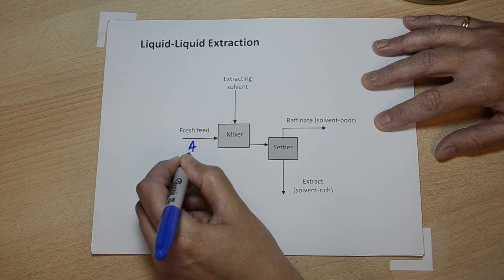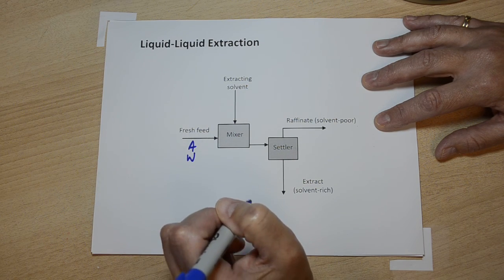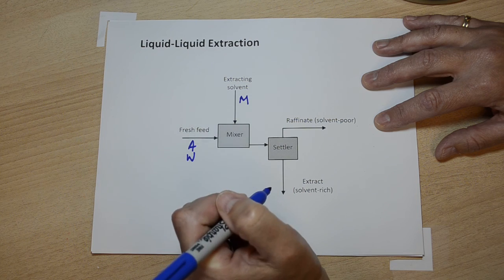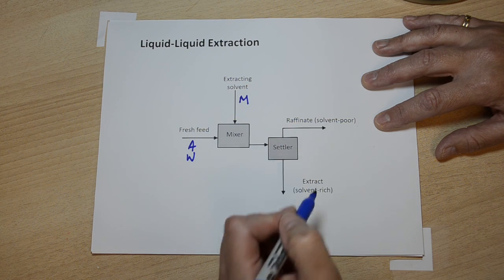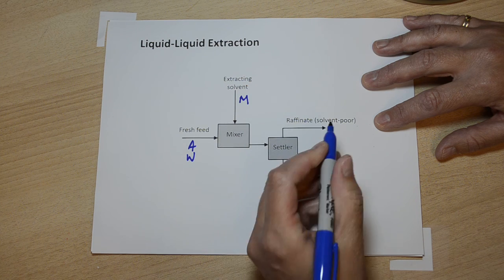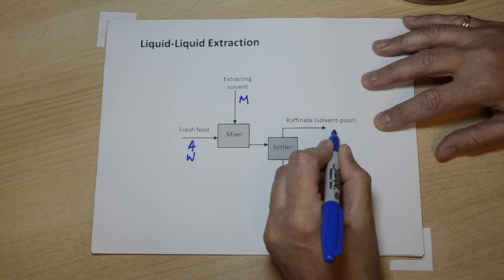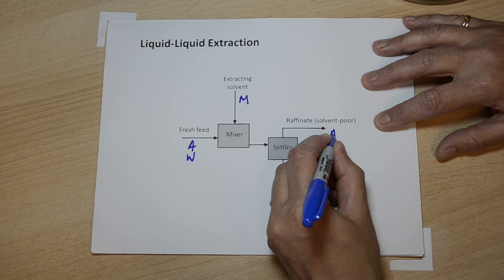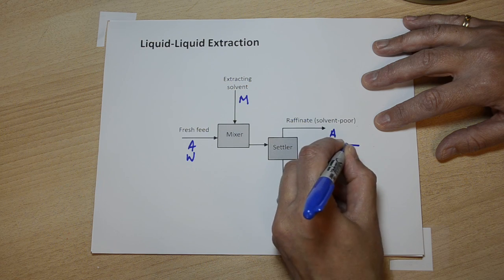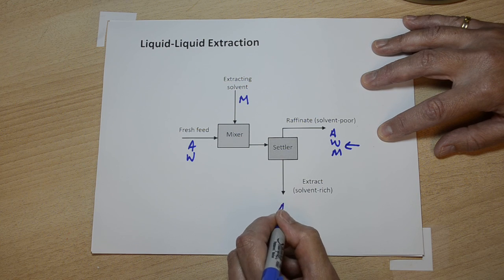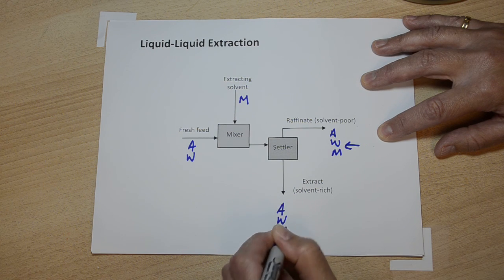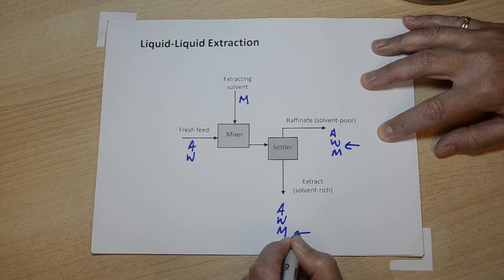In our case, we have acetone and water in the fresh feed, and we add MIBK, and it mixes and forms two phases in the settler. A phase at the top that's water-rich, containing acetone, water, and MIBK but mostly water, and a stream with acetone, water, and MIBK at the bottom, but it's mostly MIBK.